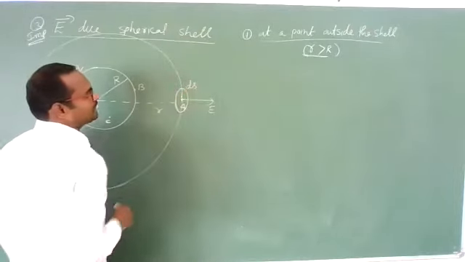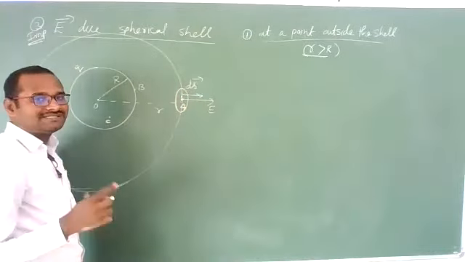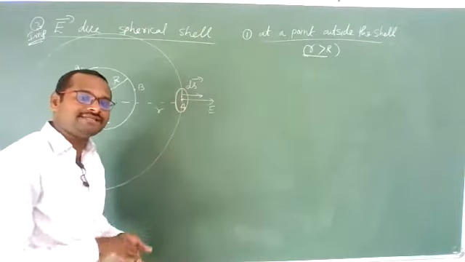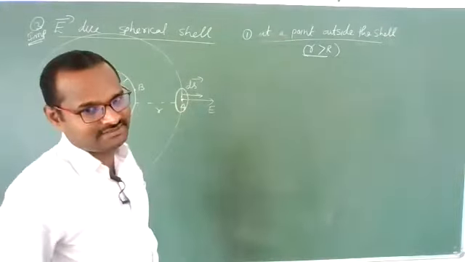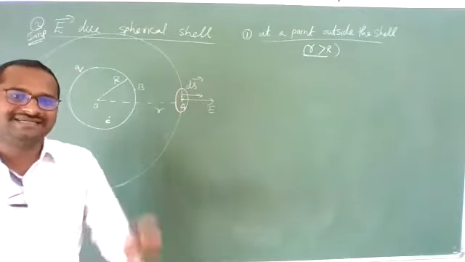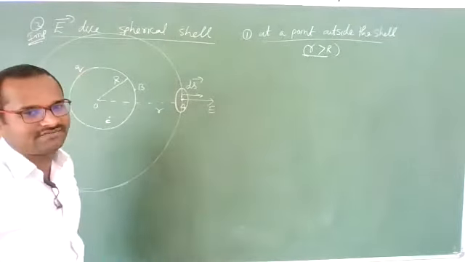Then dS bar will be in the same direction as the electric field, because dS bar is an area vector. The area vector always points outside, normal to the surface, so both are in the same direction. The second point is also satisfied.